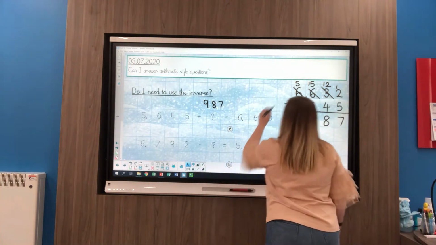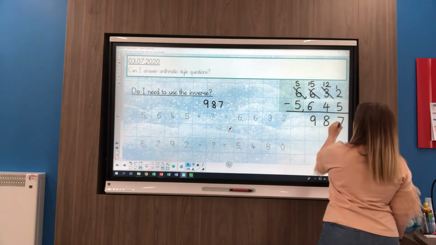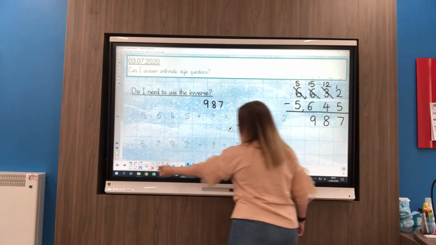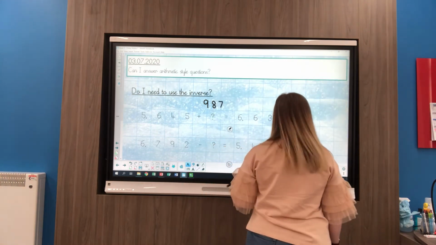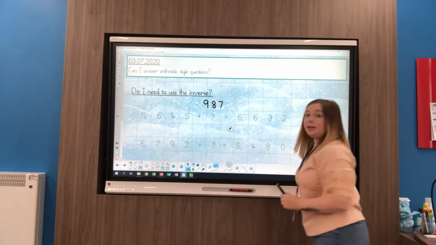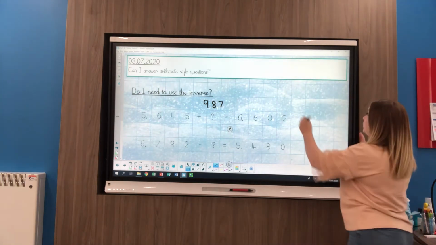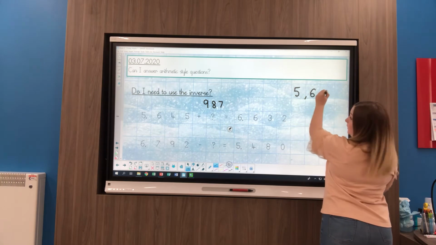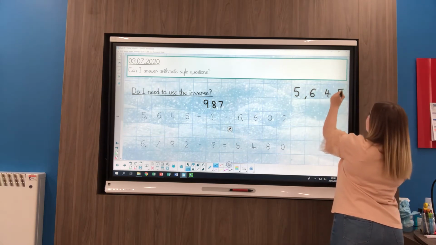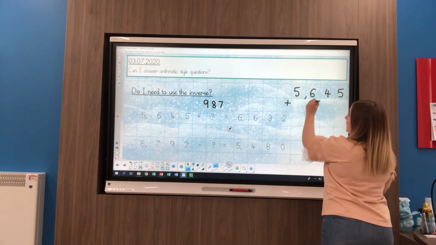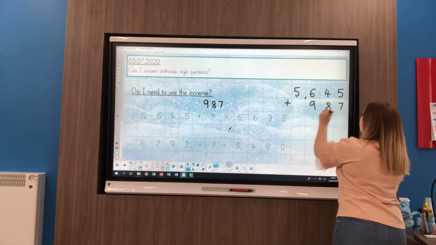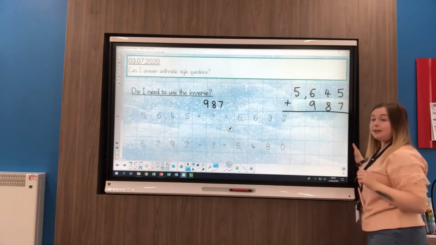So I'm just going to get rid of that one so I've got a little bit more space. And I'm now going to do the calculation that we've written. So 5,645 add 987, making sure that I've lined up those digits correctly.